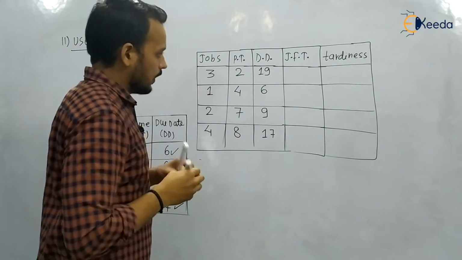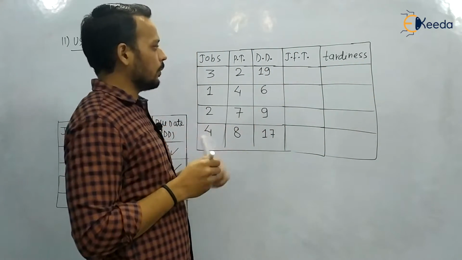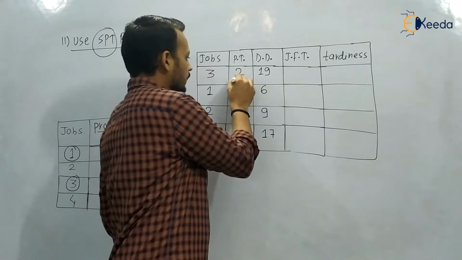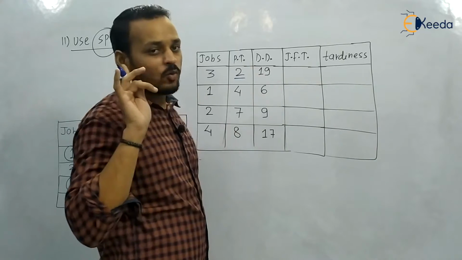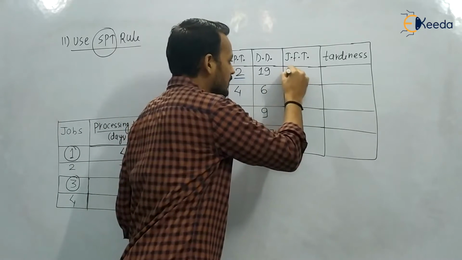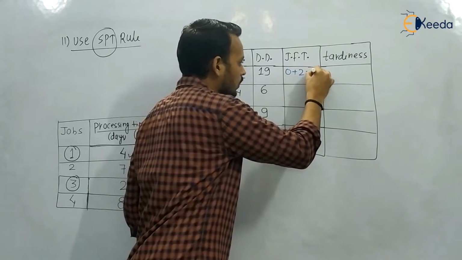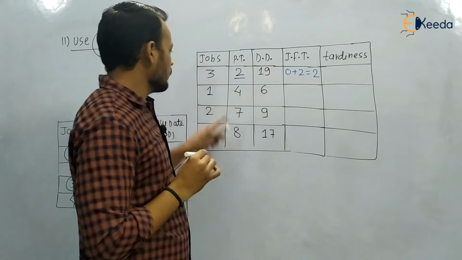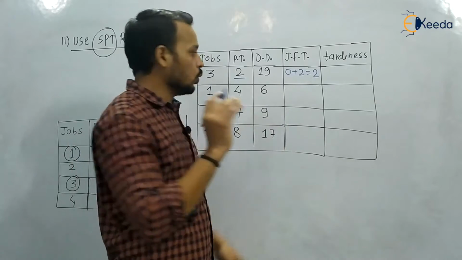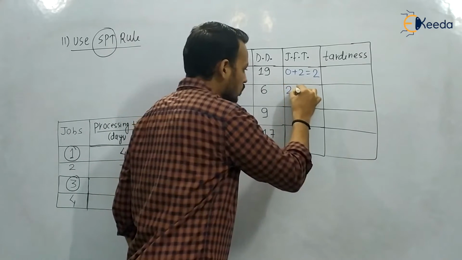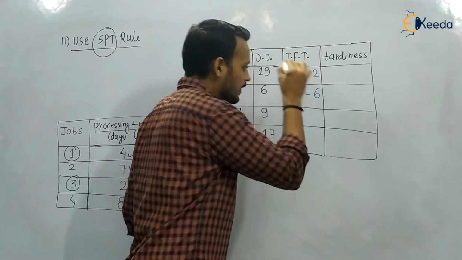So look here, job flow time, how we are going to calculate? The processing time for the first job is 2 days and we have got only one machine, so it is 0 plus 2 days. Now for job 1 it is taking 4 days, but it has to wait for the 2 days, so it will take 2 plus 4, 6 days.